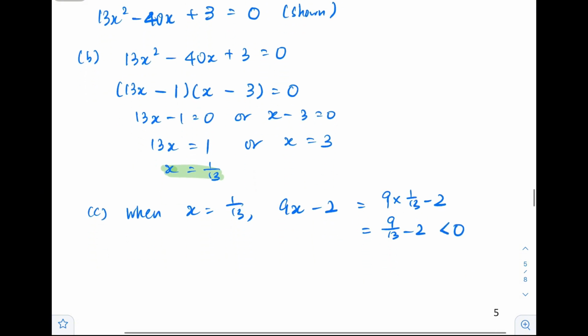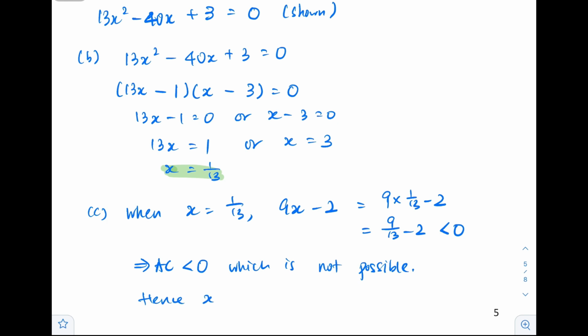It's less than 0, which implies that AC is less than 0, which is not possible. Hence, x cannot be equal to 1 over 13. That's how you explain why one of the answers is not possible.